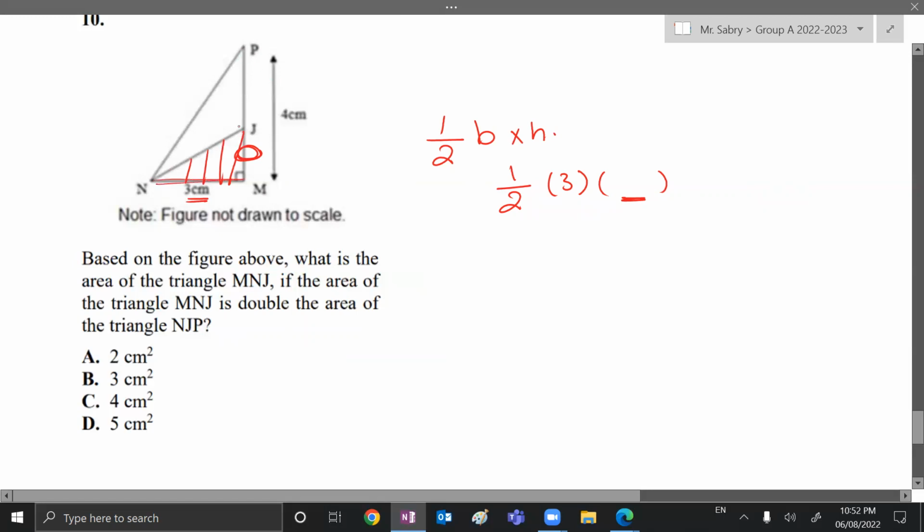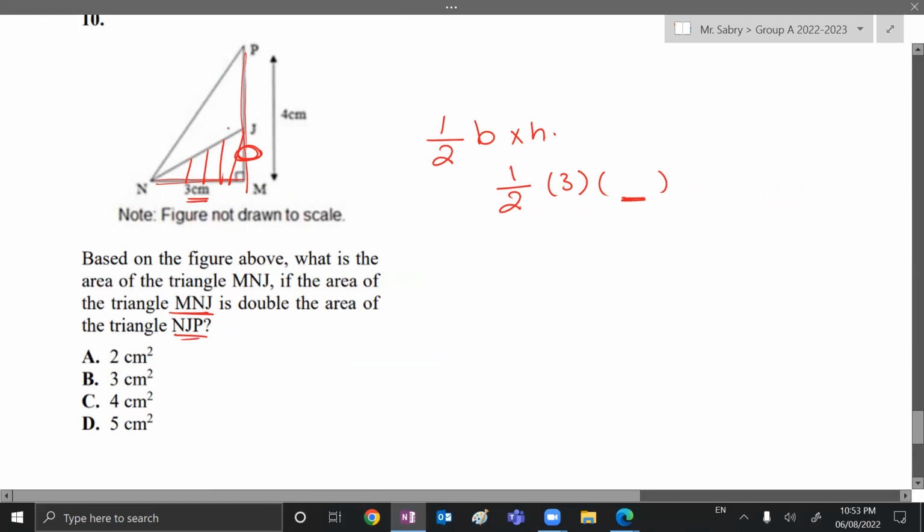You do have another side here that's 4, which means I can get the hypotenuse, which is this side right here. Is that true? Instead of even that, let's actually read the rest of the question. If the area of the triangle MNJ, the one that they want, is double the area of NJP.